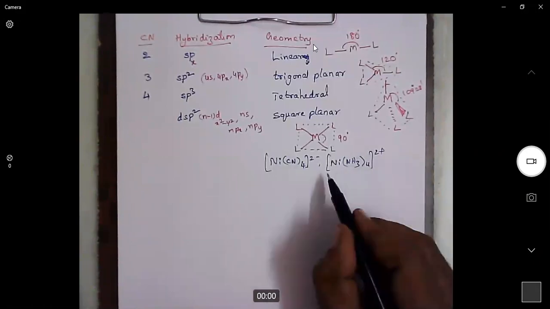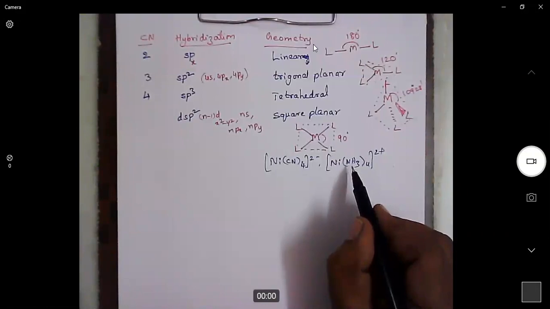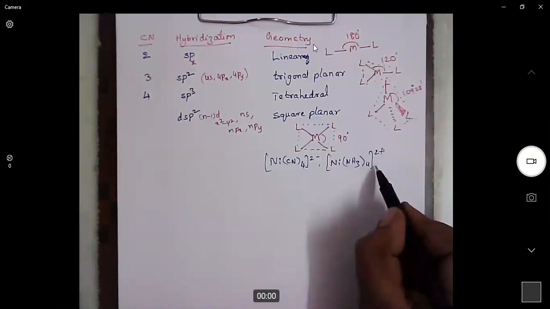Here, in this case also, ammonia acts as a strong ligand. So it forces the electrons to pair up. Any doubts, please?